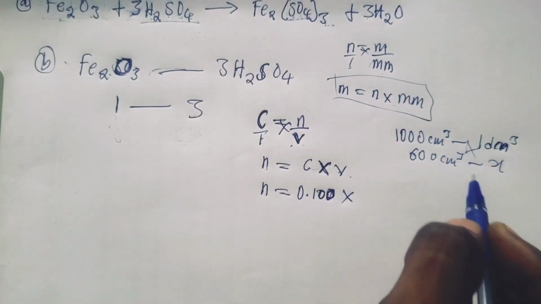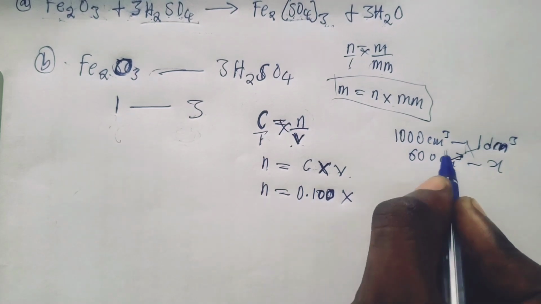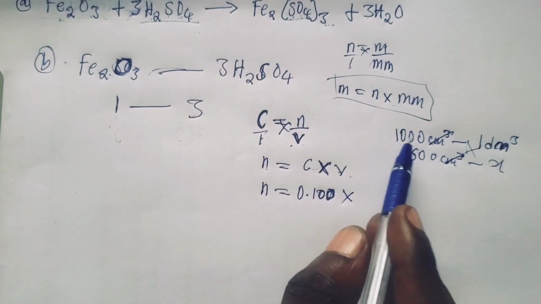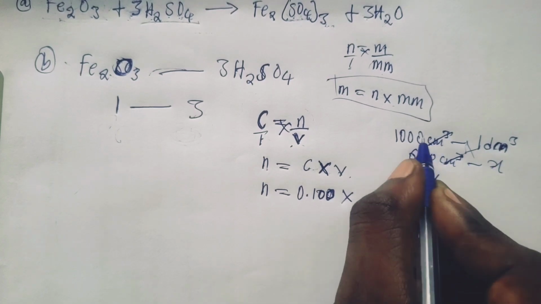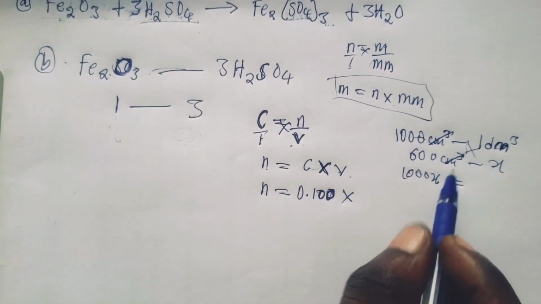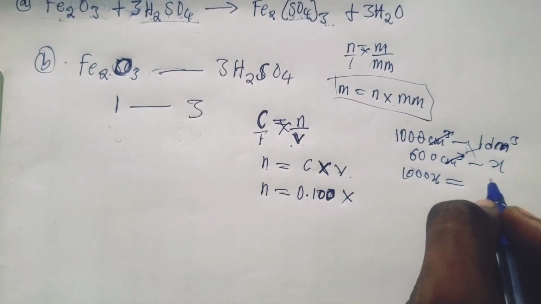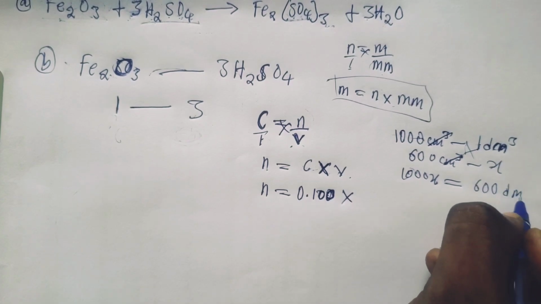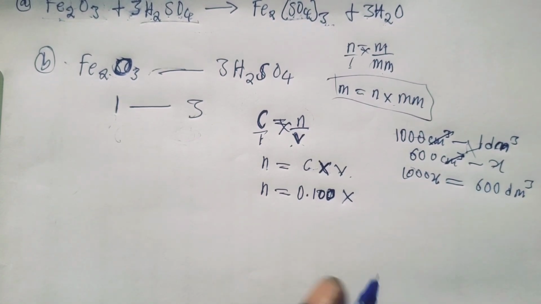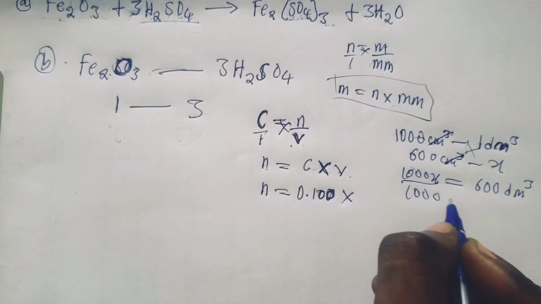X. Then you cross multiply. Of course, this will cancel with this. So we're going to have 1000x when we multiply x times 1000 being equal to 1 times this, we're going to have 600 cubic decimeters. Then over 1000.